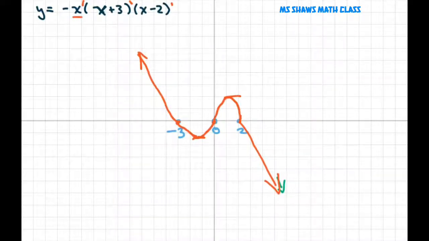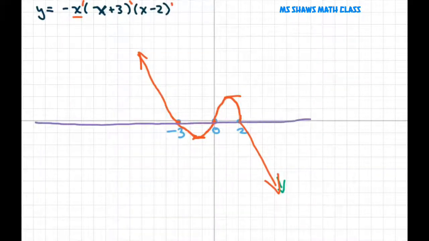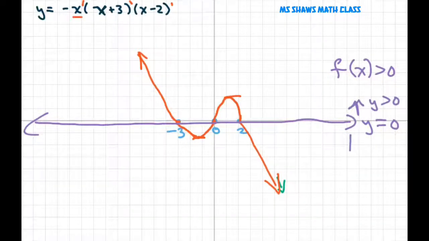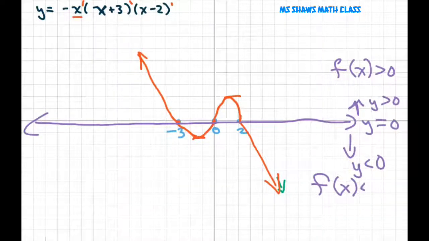Now what I want to look at is that last bit, the intervals where f of x is positive and negative. So this line is y equals 0. So what we're looking at is where f of x is bigger than 0, or where y is greater than 0, and below where y is less than 0, or where f of x is less than 0.